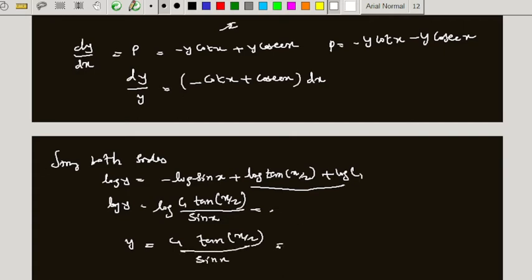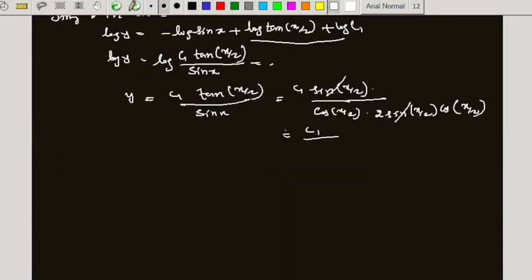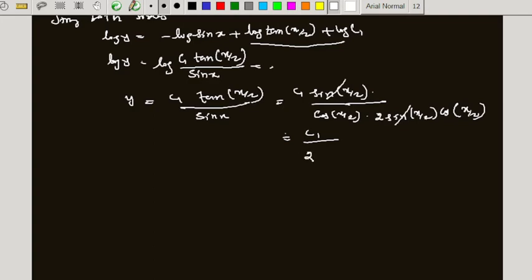Here a half angle is there. Tan of x by 2 is sin of x by 2 divided by cos of x by 2, and the denominator sin x can be written as 2 sin of x by 2 into cos of x by 2, using the half angle formula. We can cancel this, and write it as c1 divided by 2 times cos square of x by 2.